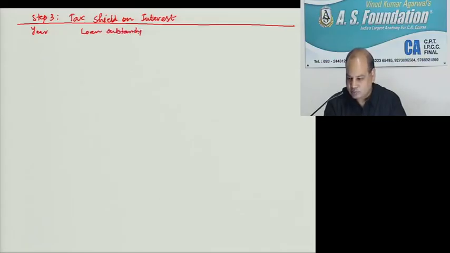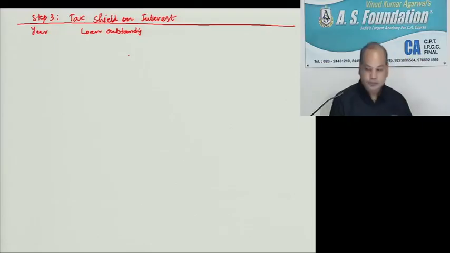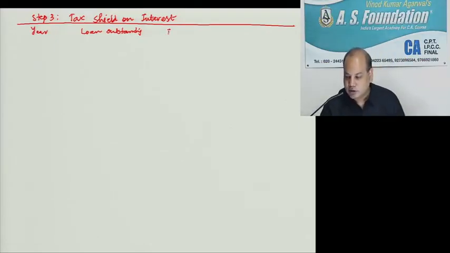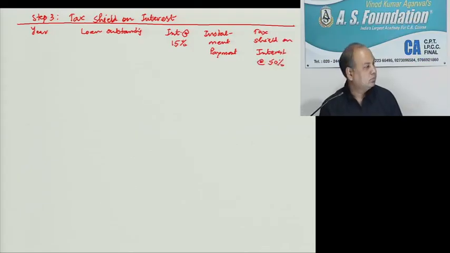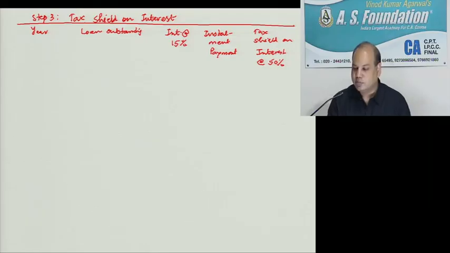Loan outstanding. Interest at the rate of 15%. Installment payment. Tax shield on interest at the rate of, what is the tax shield rate? 50%.